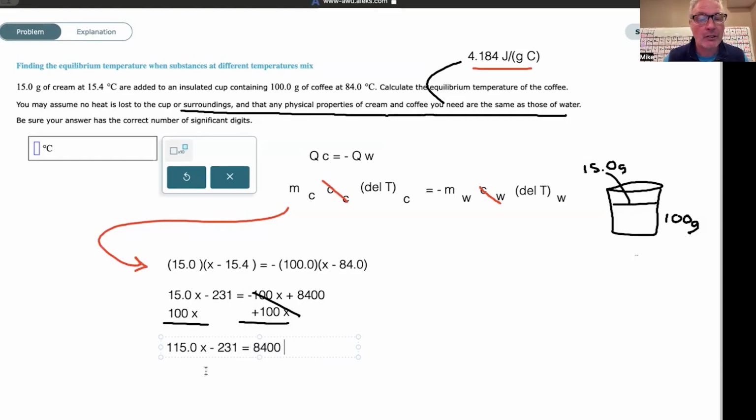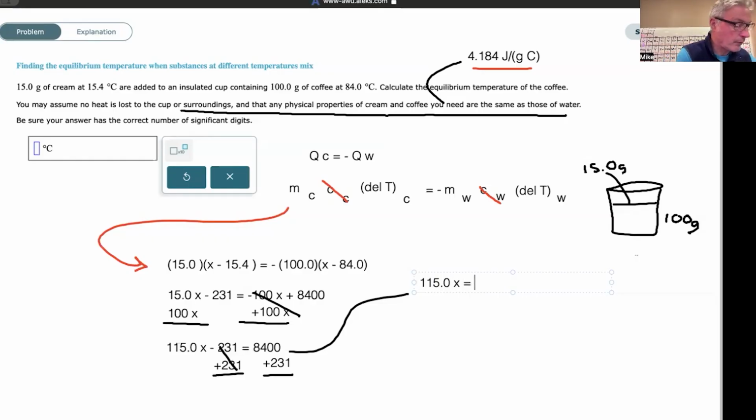All right. Let's get rid of the negative 231 by adding to both sides 231. I've run out of room a little bit, so just let me do this over here. 115.0x equals 8,400 plus 231, 8631.